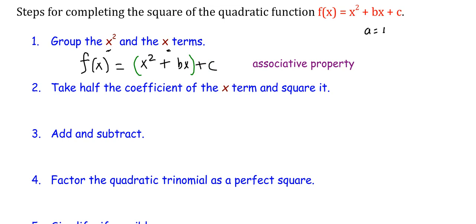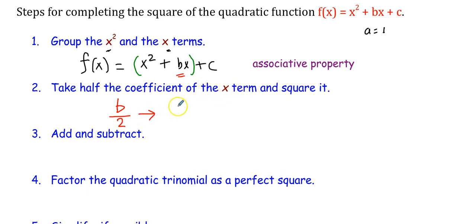In the second step, take half the coefficient of the x term and square it. The x term is bx, but you are looking for only the coefficient, that is b. This coefficient b is divided by 2, so b over 2. I took the half and then squared it.